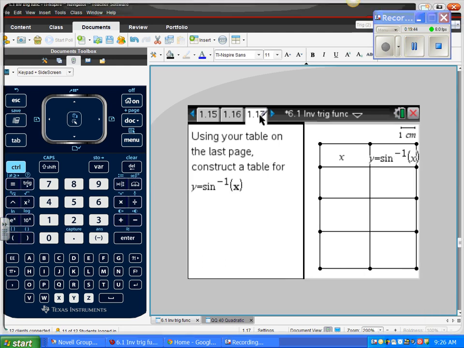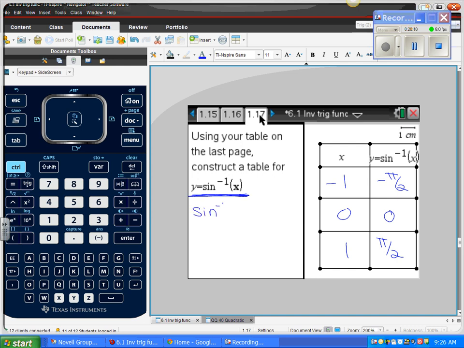Okay, so x was negative 1, negative pi over 2, 0, 0, 1, pi over 2. Are we okay with that? So you're just flip-flopping points. So what this means is, this is what it's going to look like.